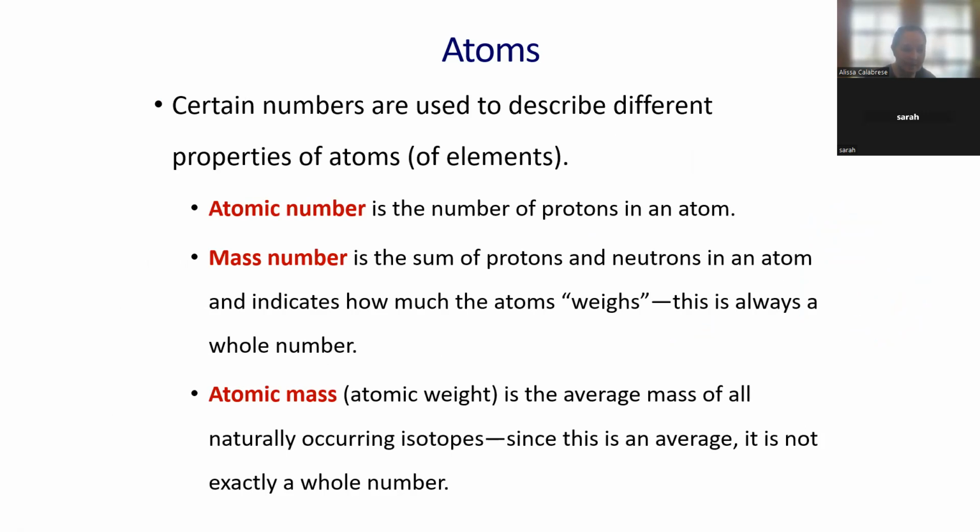So atomic number, mass number. The atomic number, we said, is the number of protons. Mass number is the sum of the protons and neutrons. So carbon 12 or carbon 14, the 12 or the 14 would be the mass number. The atomic mass is a little bit different.